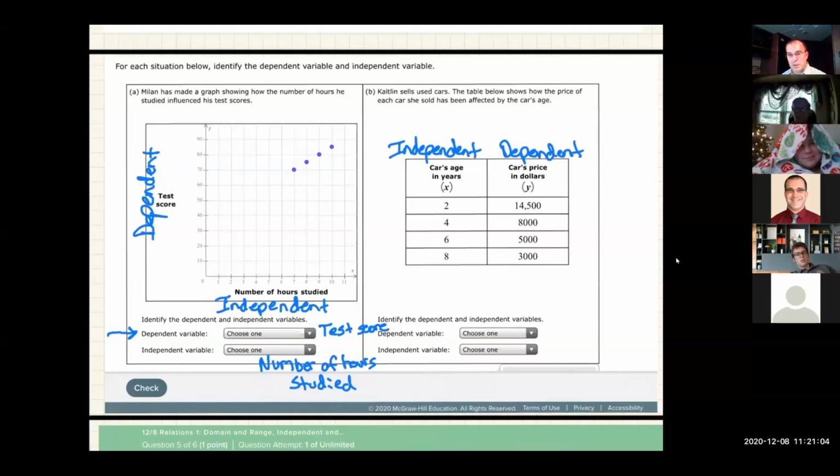If it's brand new, it's going to cost a whole lot more than if it's really old. Similarly, on that first one, the test scores definitely depend on how much we study. The more we study, the better our test scores are going to get. So when I go to fill this in, the dependent variable, I'll just put car's price. And the independent variable is the car's age.